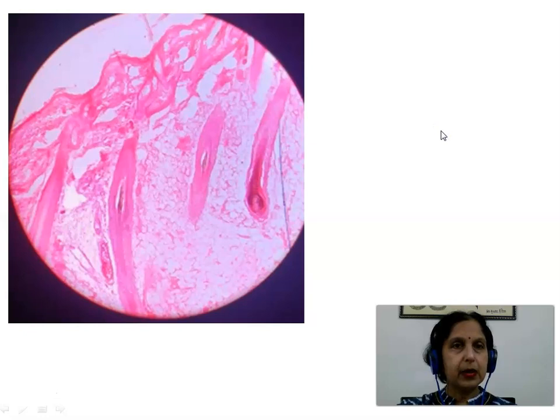A high power view of the same shows us the epidermis, not well differentiated dermal papillae and epidermal ridges, the dermis, and the presence of the hair follicles.